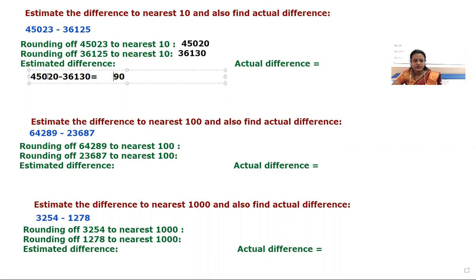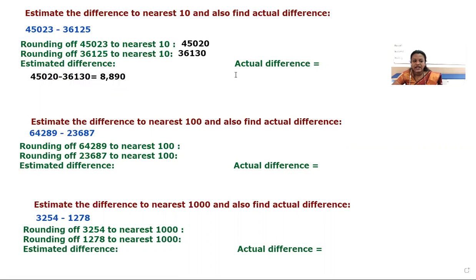And we have here 10, but it was already borrowed, so 9 minus 1 would be 8. And we have here the digit 5 minus 6, not possible, so we have to borrow. Already I had borrowed from it, so this would be 14. 14 minus 6 is 8. So we have 8,890 as the difference, that is the estimated difference.